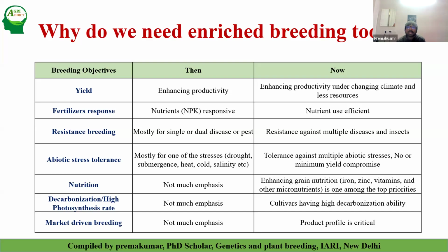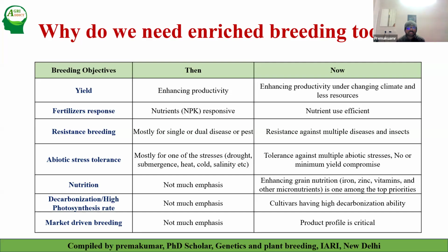Why? Because we have to grow in a sustainable way. Now we are self-sustained in food production, but we are facing climate change, which means we have to adopt methods that are sustainable for the environment. That's why we talk about water-efficient breeding, nutrient use efficient breeding, and sustainable breeding. Our focus has shifted from nutrient responsive to nutrient use efficient breeding.